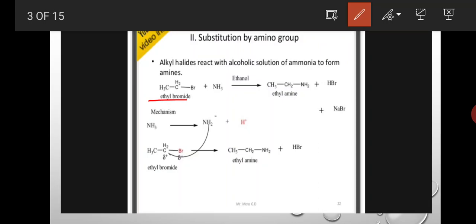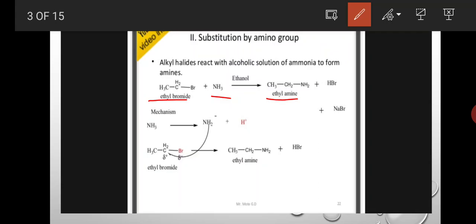Ethyl bromide reacts with alcoholic solution of ammonia. Here we are taking NH3, ammonia, in presence of ethanol, that is the alcoholic solution. It reacts with ethyl bromide and forms ethylamine.